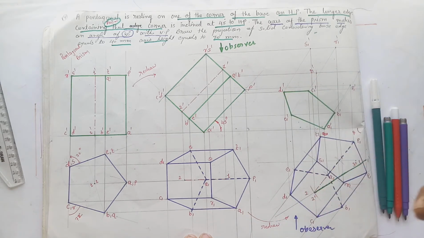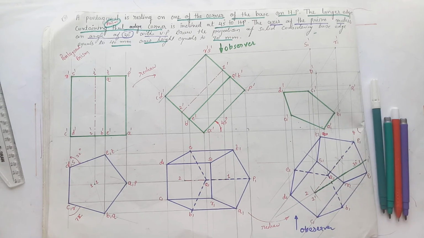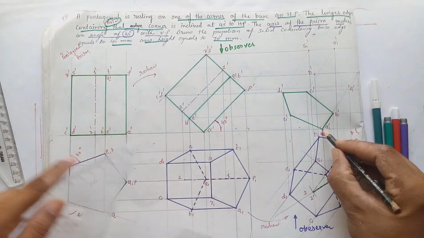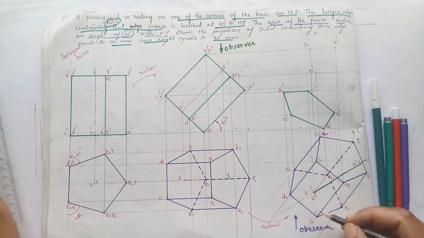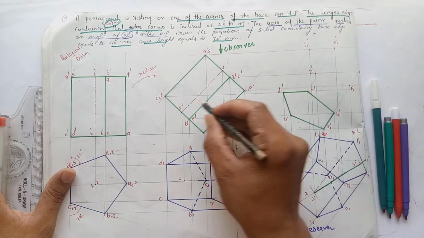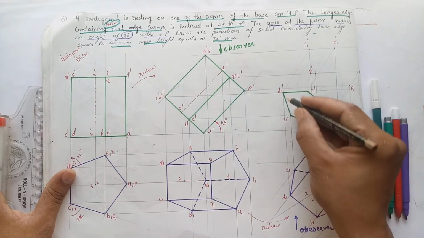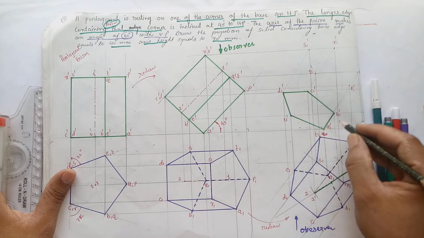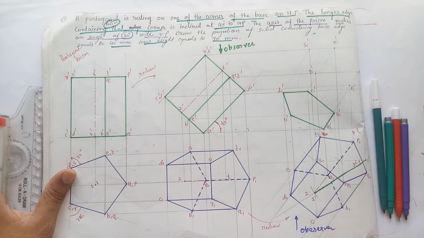So first of all, draw the base. So plot the points of the base, that is A, B, C, D, E, and draw the base, because base is going to be visible.